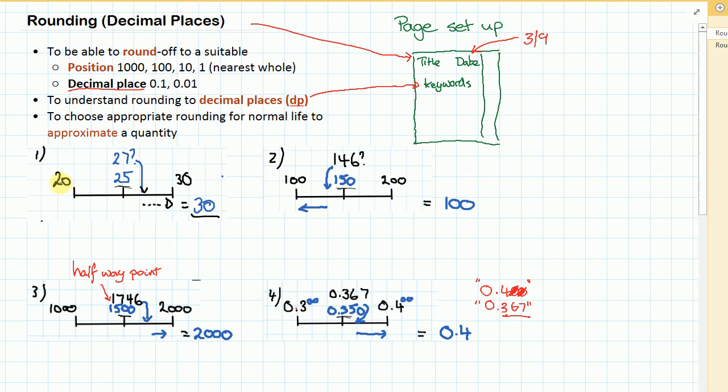This first one, 20 and 30, we were choosing powers of 10, so we were rounding to the nearest 10. This one, we were rounding to either 100 or 200, so we were rounding to hundreds.